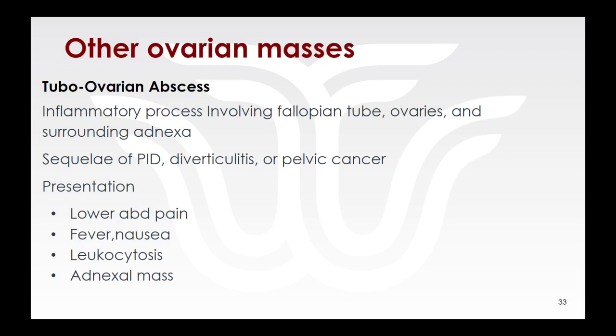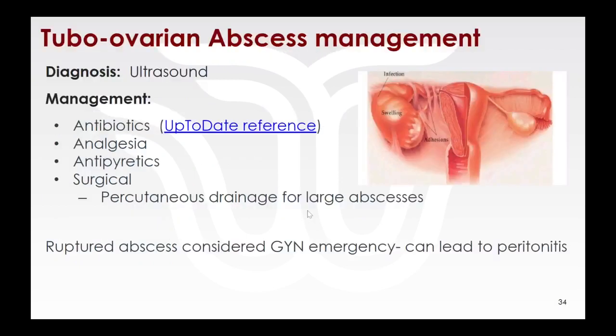These patients present with pain, fever, nausea, leukocytosis, and an adnexal mass. So, right, she has an abscess, she's infected, she's going to have fever, and she's going to have abnormal CBC. This is a link to UpToDate reference for specific abscess management for antibiotics.